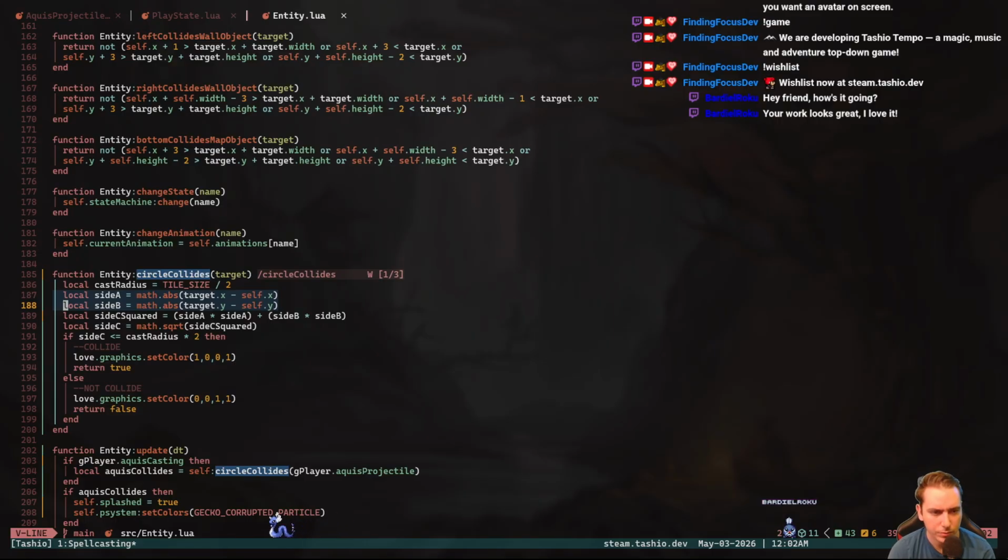I think something's wrong here with the sides. We might need, because we need the distance between two X points no matter which one is on what side, right? So if we always subtract them like this, we won't always get the distance.